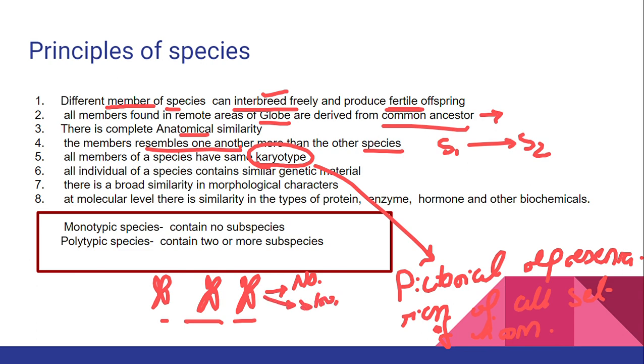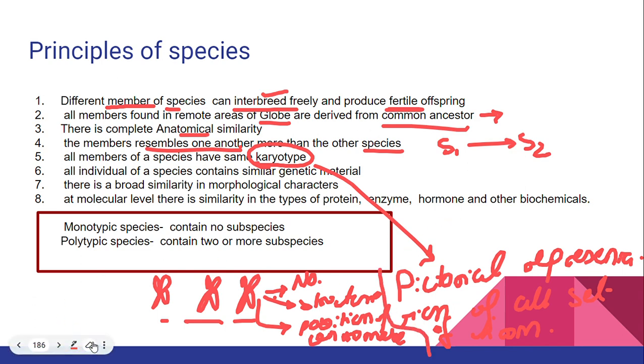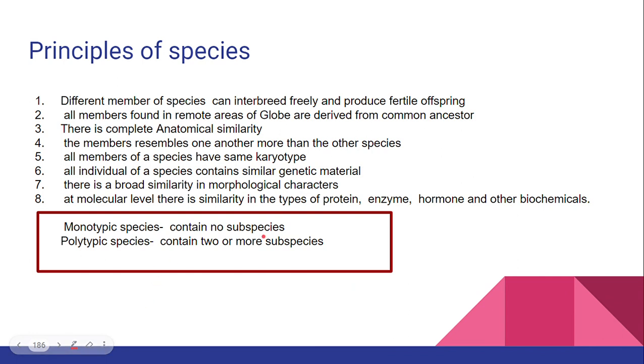Now why is it required? We will be able to know the number of chromosomes, the structure of chromosomes, and the position of the centromere. When dealing with karyotype, we will also be able to know about any genetic deformities if present. Morphologically same we have already studied. Genetically it will be different from species to species. Similar species will have the same genetic material.